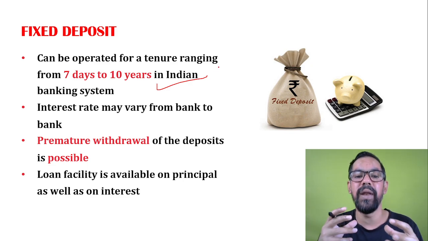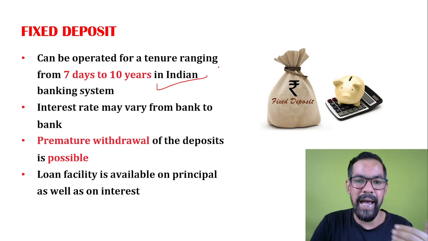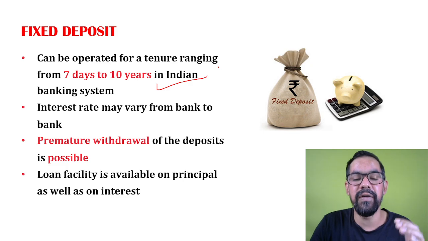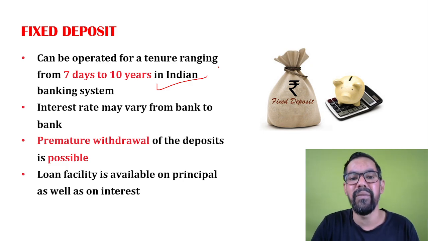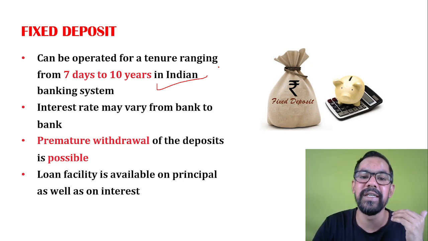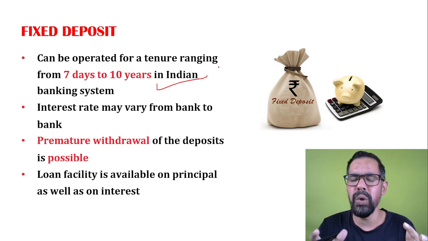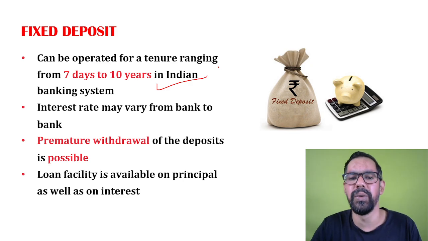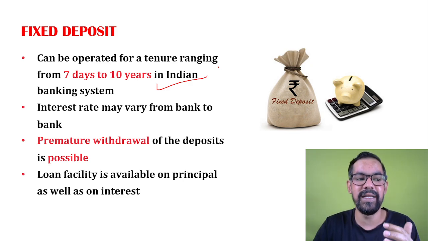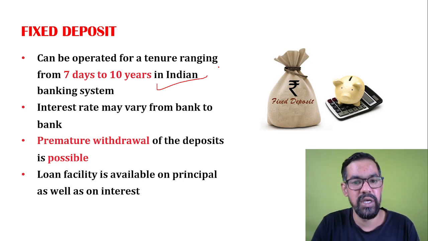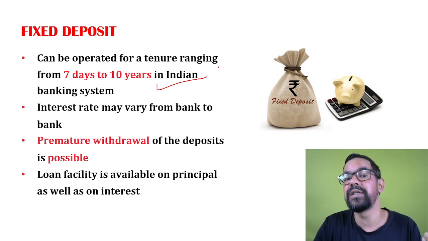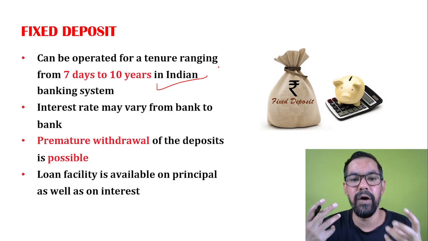So whenever you plan for an FD, banks in India generally offer FD for a period of minimum 7 days and maximum for 10 years. Okay, so this 7 days concept is also known as flexi deposit. Like, let's say if you have current account and you have limited business transactions, so nowadays, to attract customers, banks generally came up with flexi deposit.